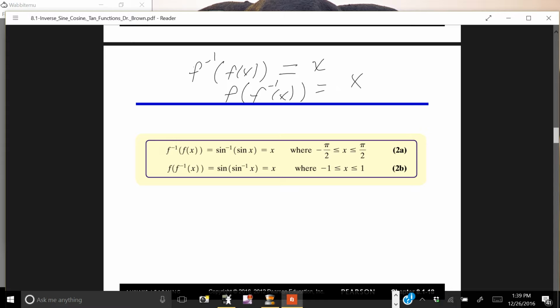So the inverse sine of sine of x gives you your x back. The sine of the inverse sine function, you get your x back. Notice that for the inverse sine, the angle has to be between minus pi over 2 and plus pi over 2. And the value of the sine, obviously, is going to be restricted from minus 1 to plus 1, inclusive.